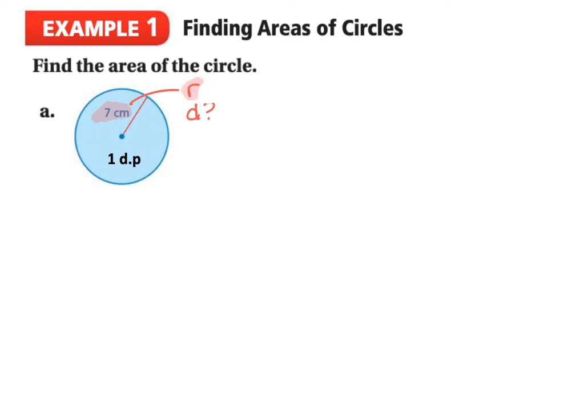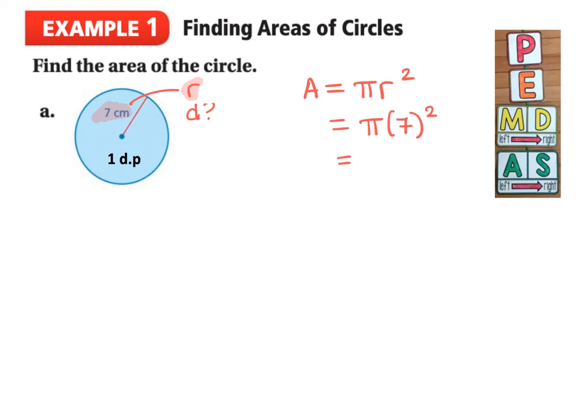So we're now going to find the area of our circle. We're going to write our formula, which is the area is equal to pi times r squared. So now we'll substitute our values in. So we now get pi, in parentheses 7, squared. So remember we have to follow the order of operations, so that means we have to do the exponent part first.